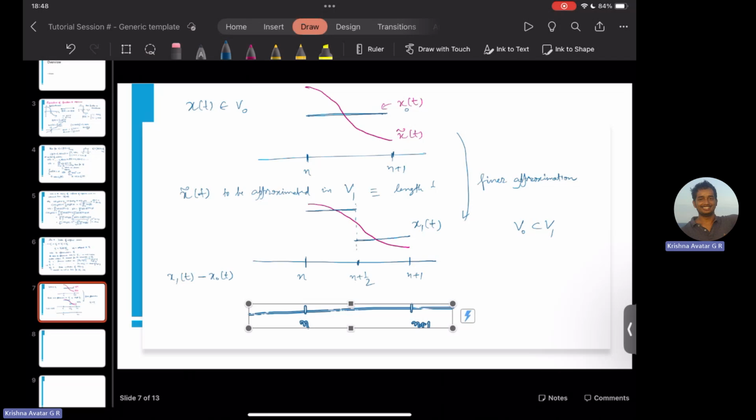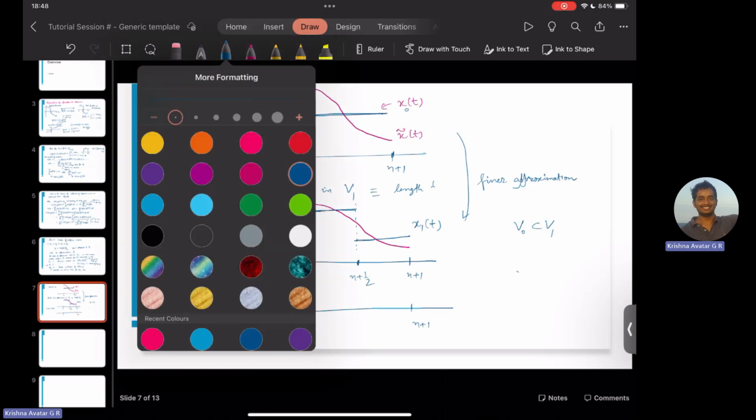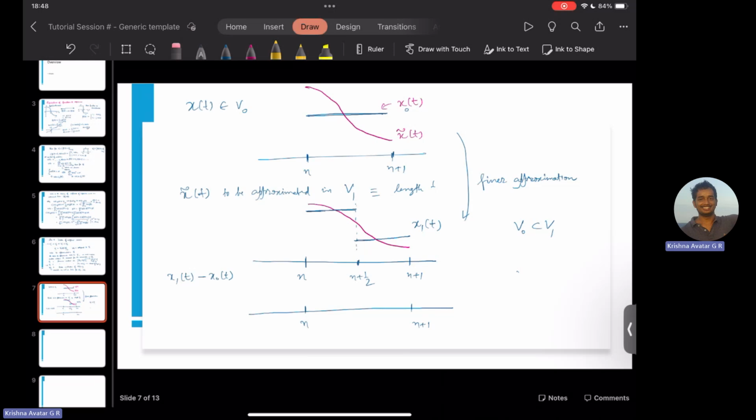So we look at the difference from n to n plus half, and let me superimpose the V0 approximation as well. So this is our V0, there is our x0 of t. What we see is that x1 of t is higher than x0 of t. So we would have a difference which lies here.